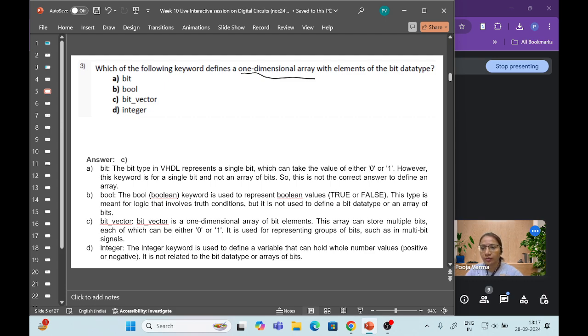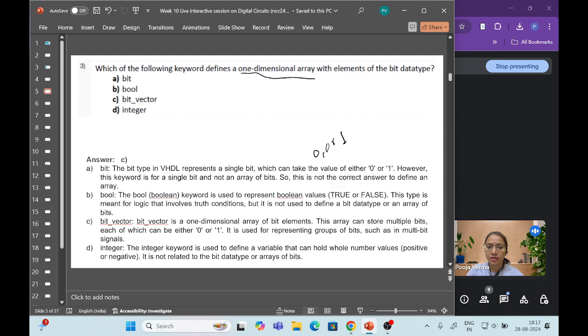So already we know that bit represents a single bit that can take 0 or 1, right? So it is not an array, it is a single bit representation. So option A is not a correct answer to define an array.